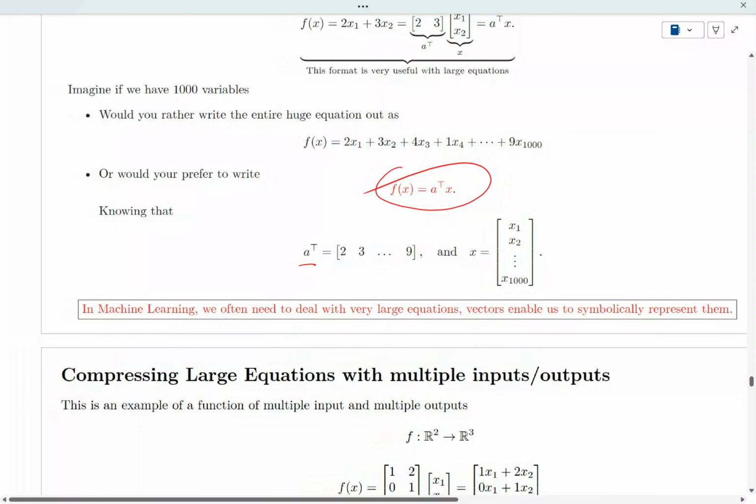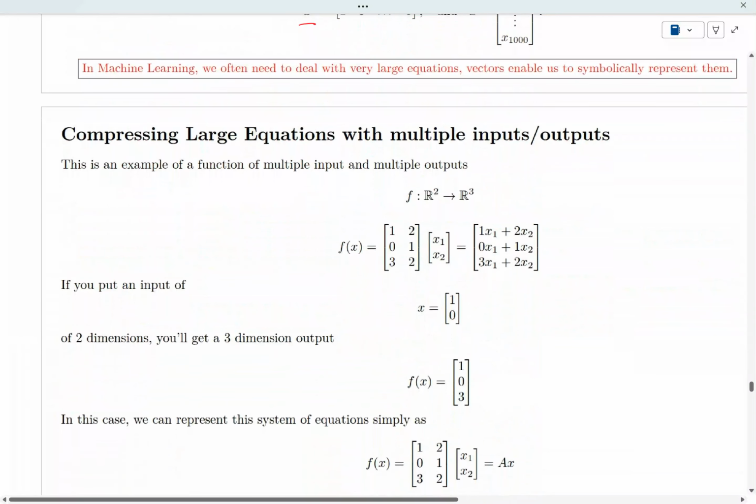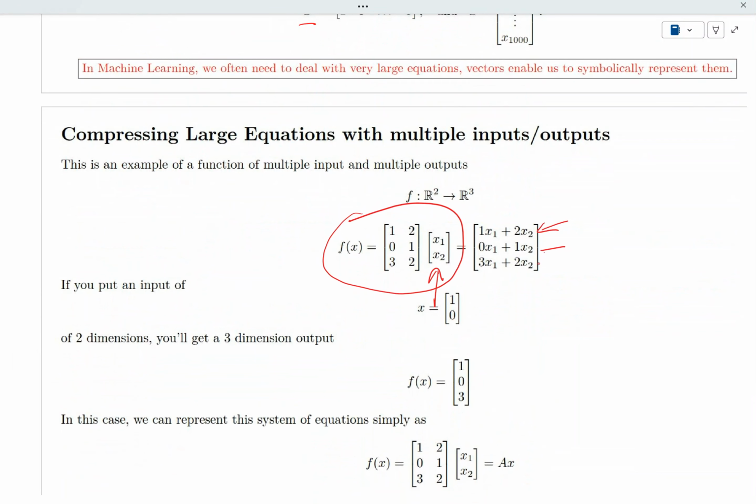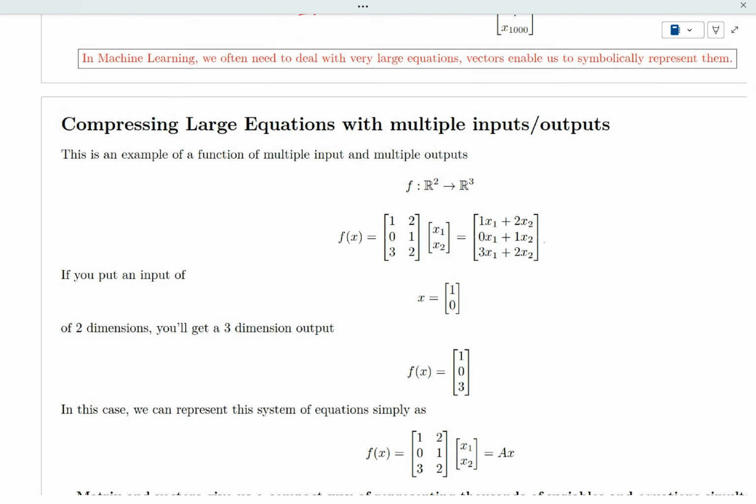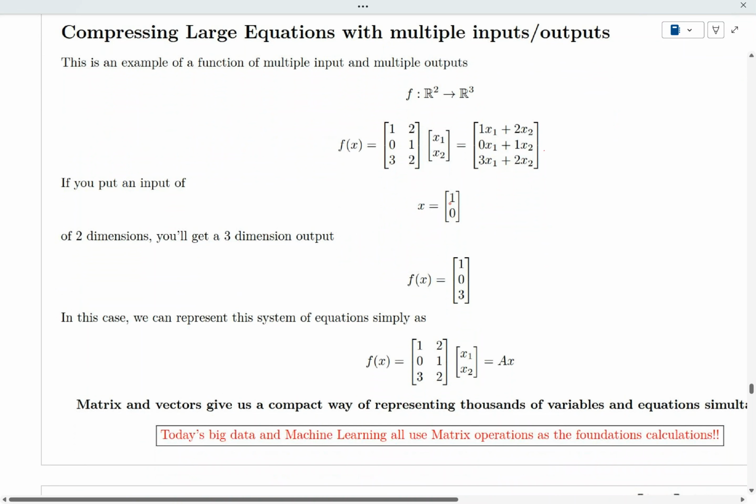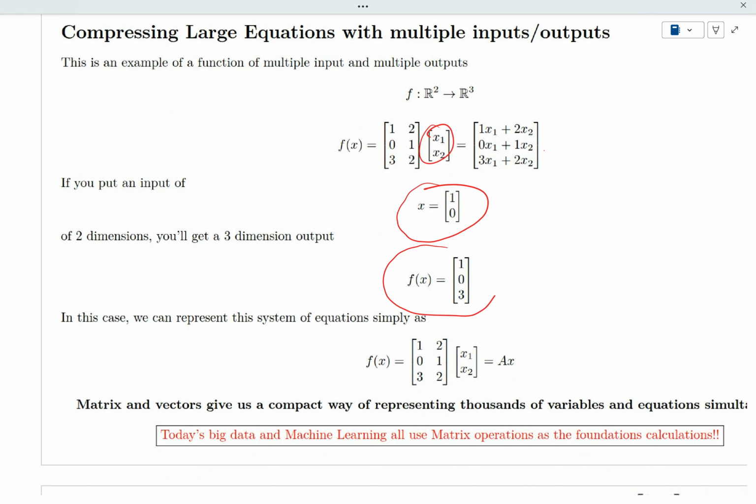Very often what we have is a system of equations. So over here, right, we have a function that takes two inputs and gives us three outputs. Right? So if we plug x1, x2 in here, notice how it outputs three numbers.